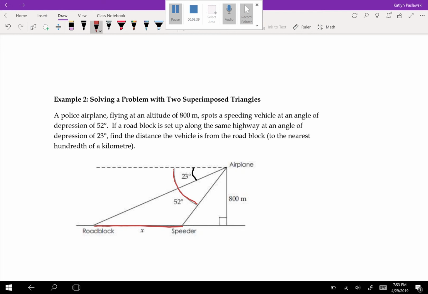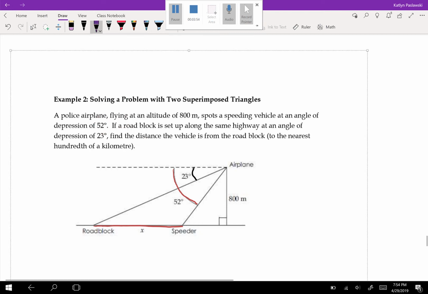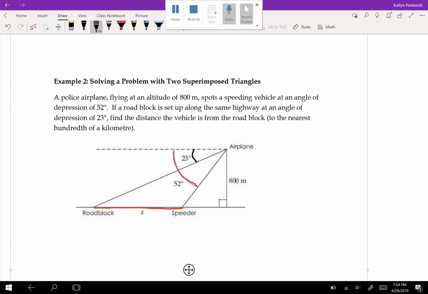In order to do that, we're going to use the 2 triangles, this triangle here and this triangle here that I just traced, to solve for that. So now we need to recognize that altogether here we have a 90-degree angle.